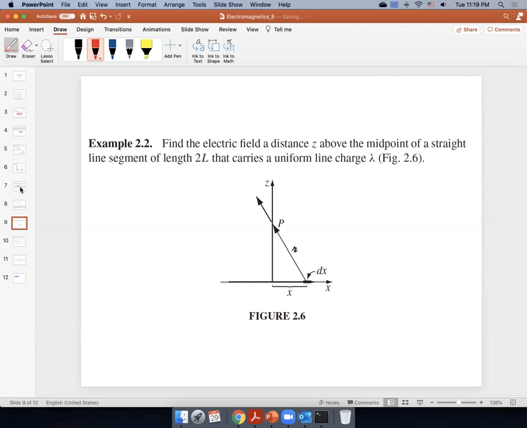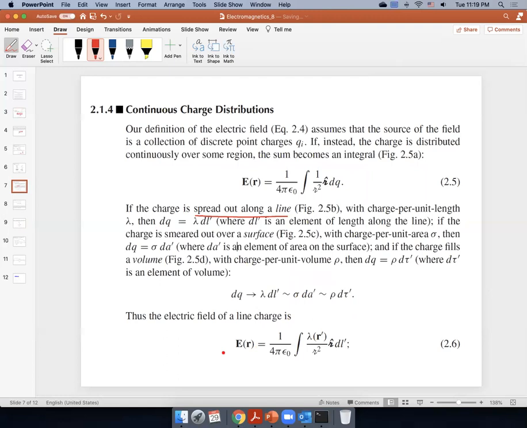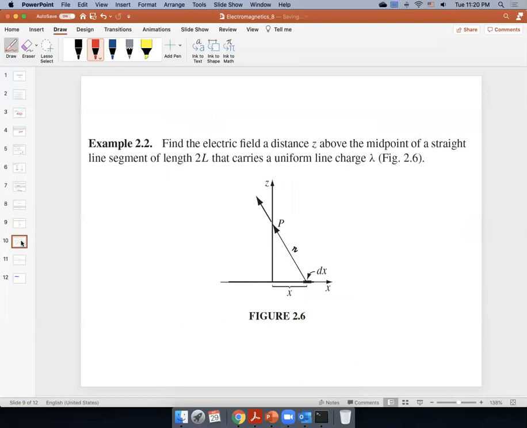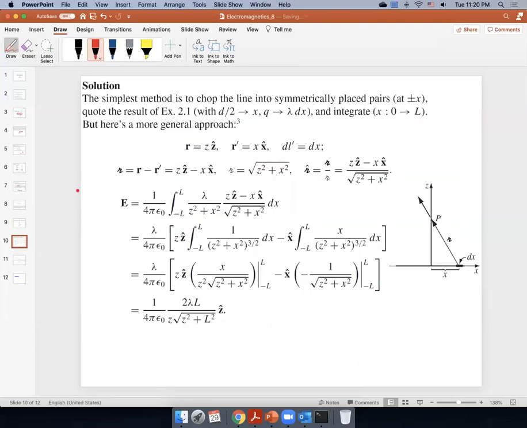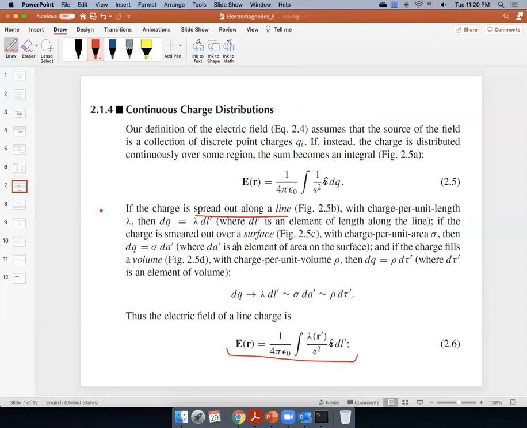So what we can do is use the electric field calculation derived from the Coulomb equation, which is shown here. This is for the line distribution of charges. First of all, 4 pi epsilon is a constant.